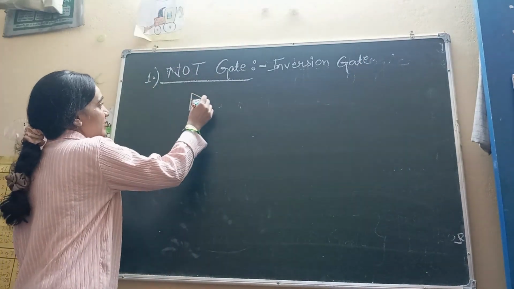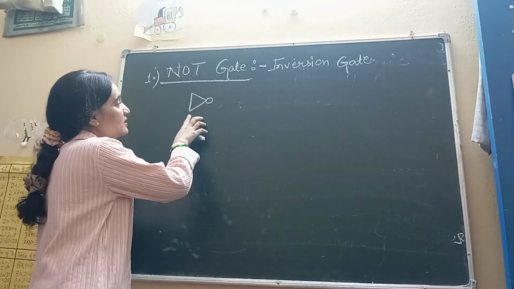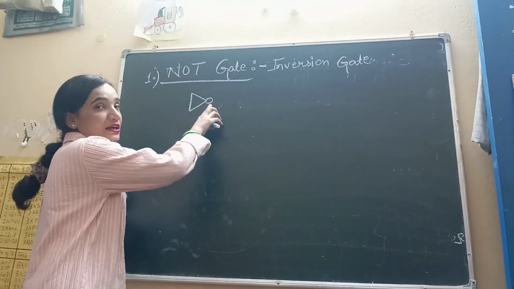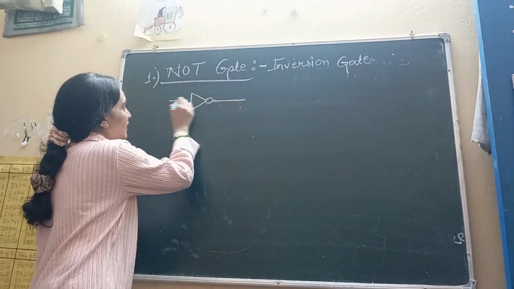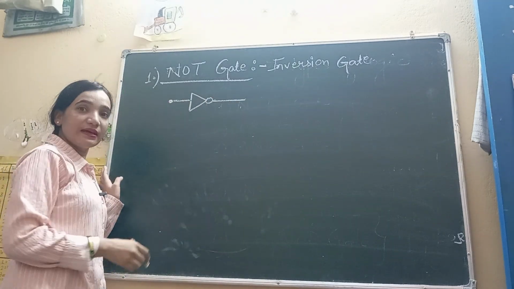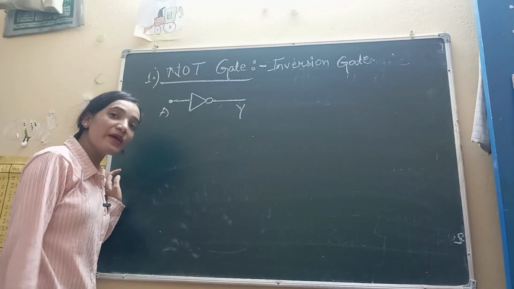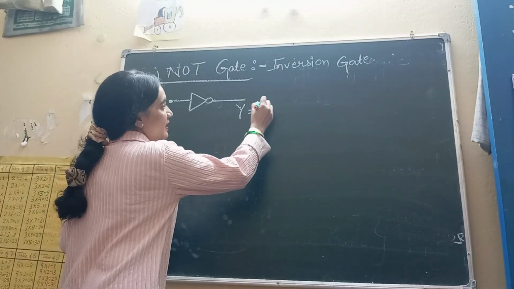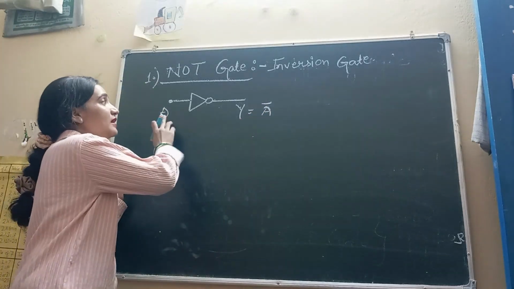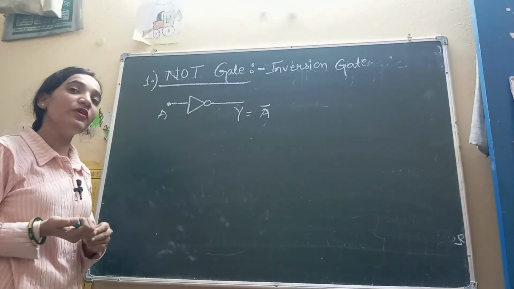The symbol looks like this: just a triangle and a bubble. There is a single input here, A, and the output is represented by Y. The output is A bar, which means the inverted input of A.